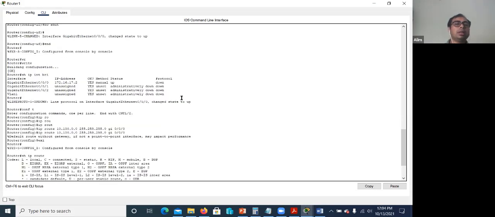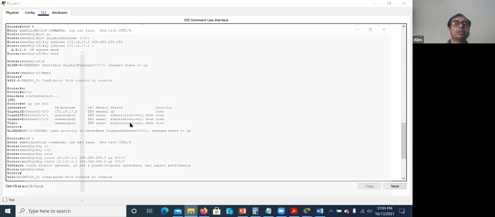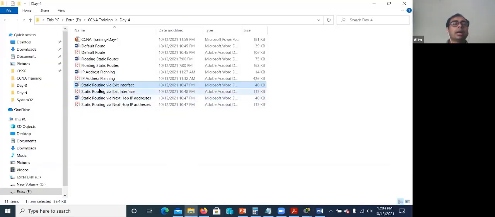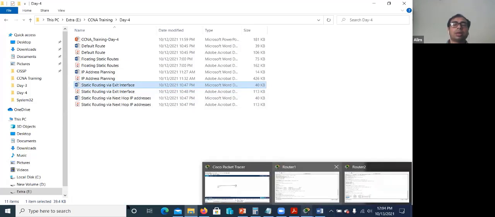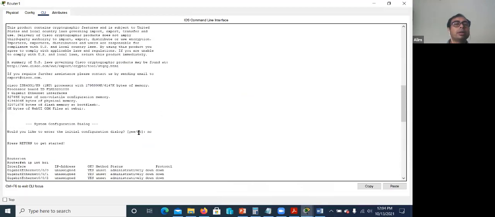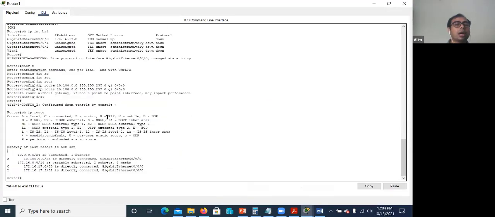I'm changing a bit. Okay. The name of the lab is static routing via exit interface. Okay, what is this? Look at the command. Just repeat. Our command was IP route.